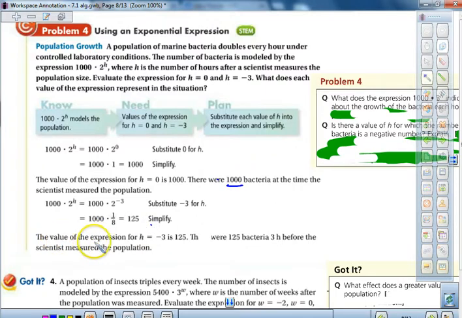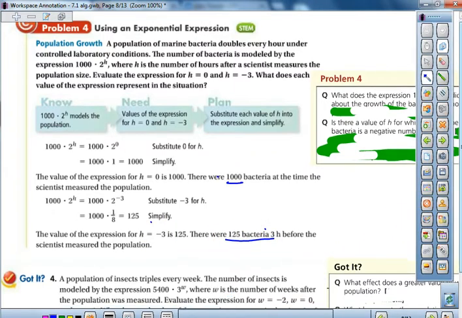What that's telling us is that 3 hours ago, there were 125 bacteria before they started this.